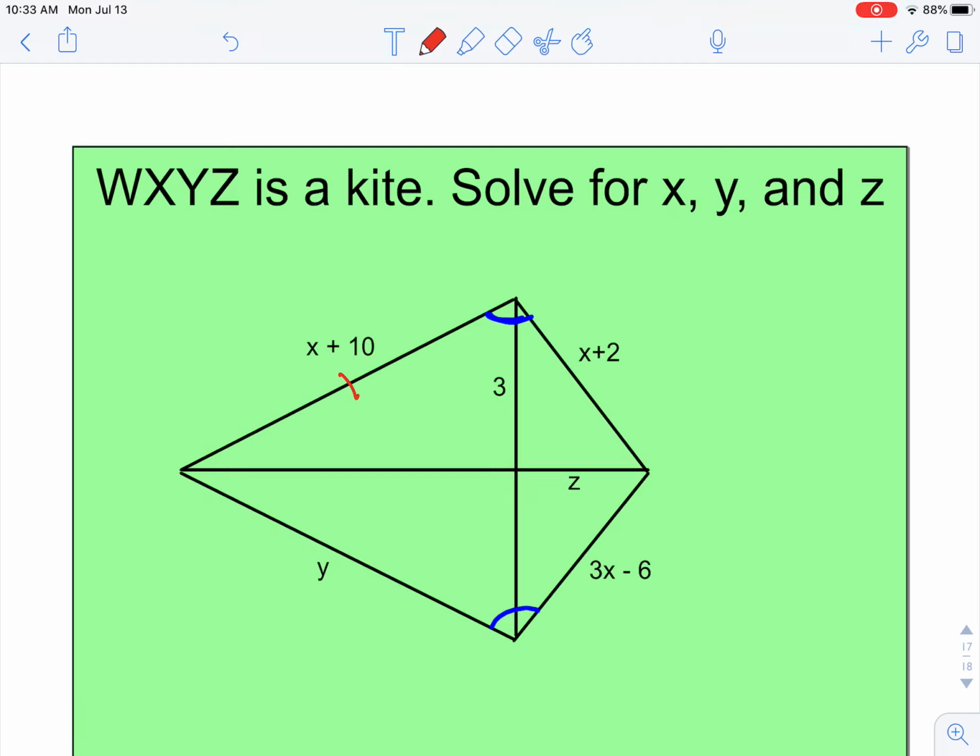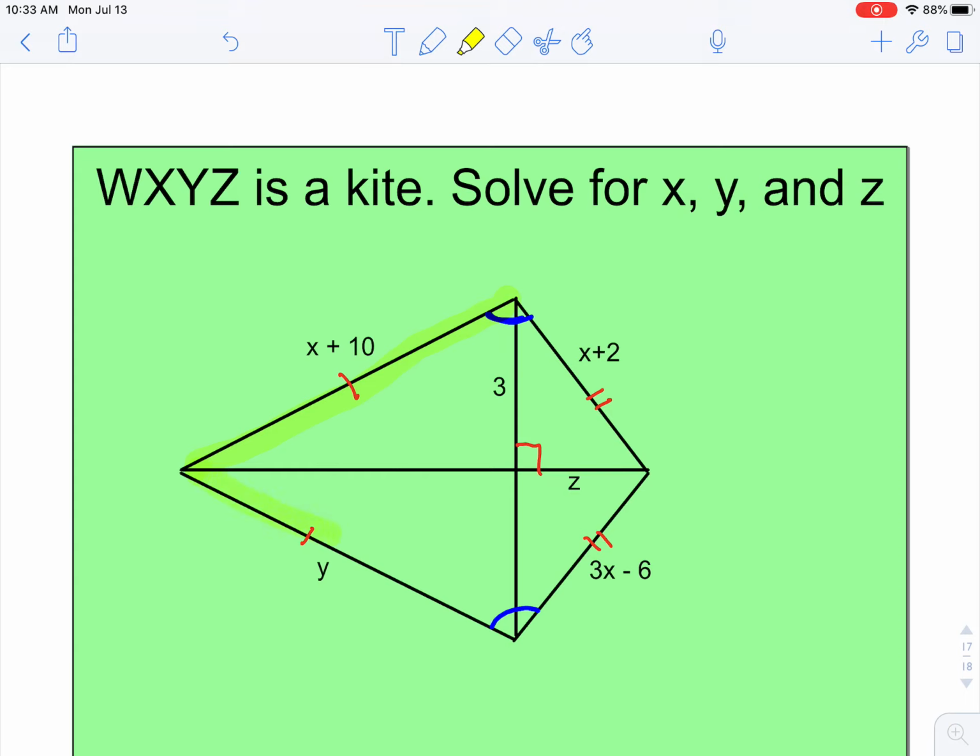Remember, some of the features of the kite: we have consecutive sides that are congruent, we know that the diagonals are perpendicular right here, and we know the opposite angles are congruent between the non-congruent sides. So I've marked all those things that we know.